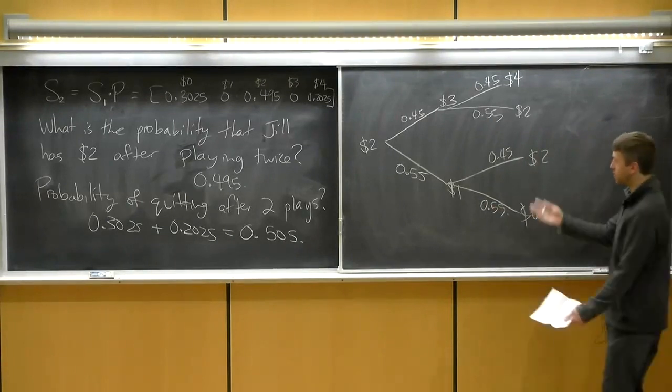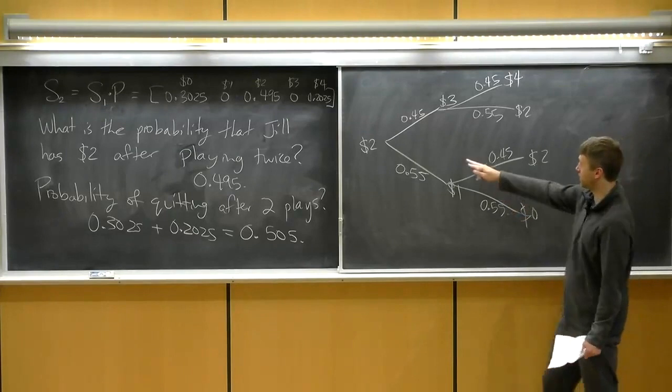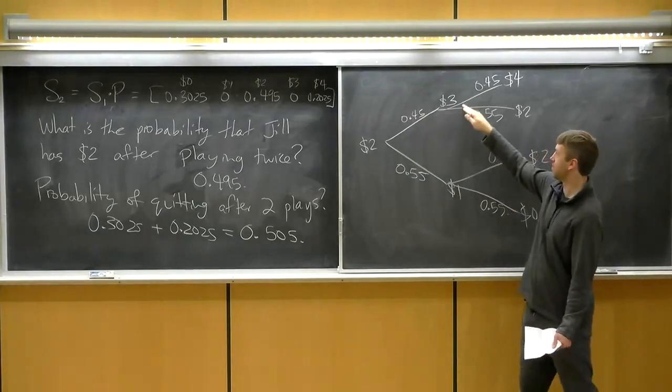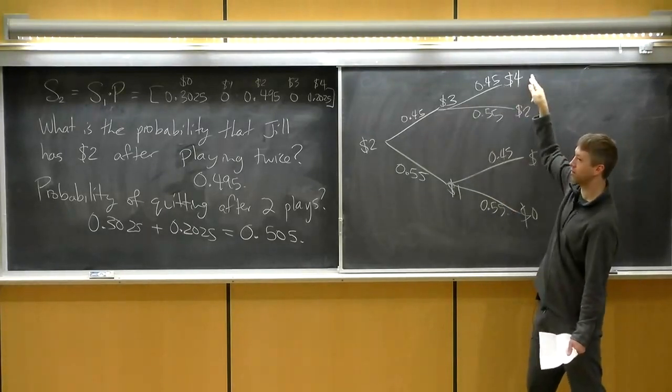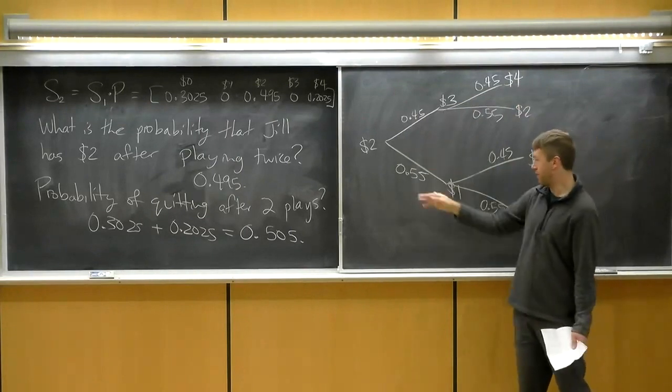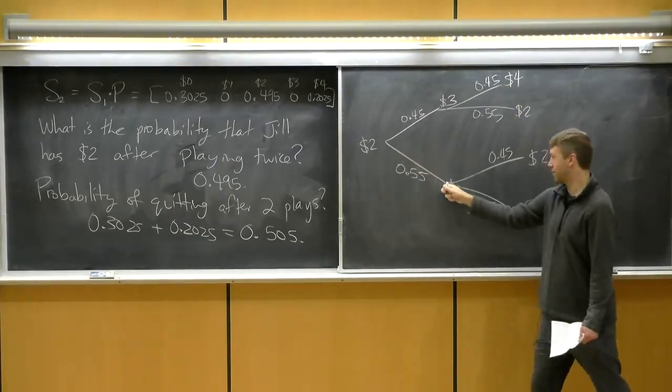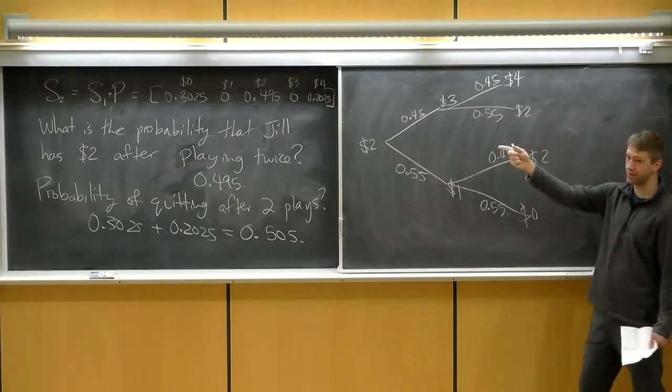What's the probability of having $4? You take this number times this number, because that's the only way to get $4. What about $0? You take this number times this number, and you should get the same thing as over there.